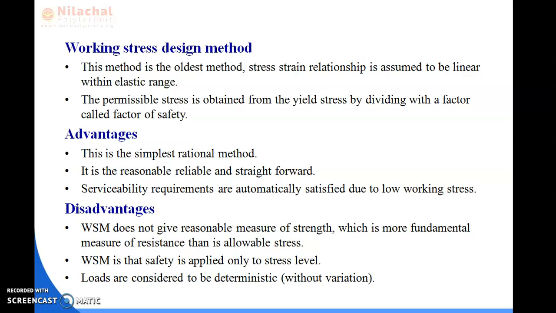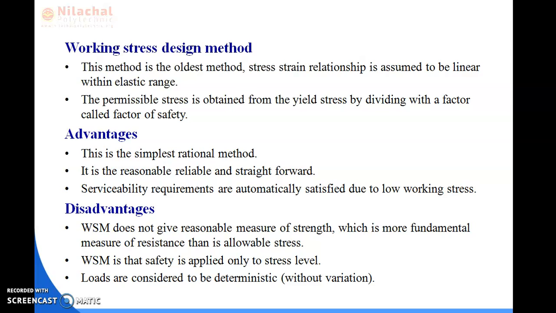Next, in WSM safety is applied only at the stress level, not at the strain level, so it is not properly utilized for a long time.